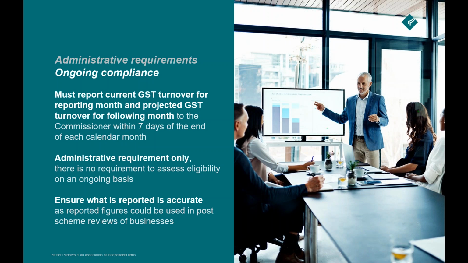There's no requirement to continue assessing eligibility on an ongoing basis throughout the 6 months of the JobKeeper scheme, but there is a requirement following the end of each calendar month to send a report to the ATO, which they'll no doubt issue some further guidance on shortly, which does include your current GST turnover for the month that's just finished, as well as your projected GST turnover for the current month that you're in when you do the reporting.